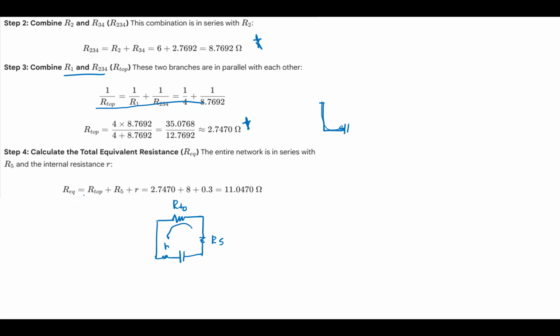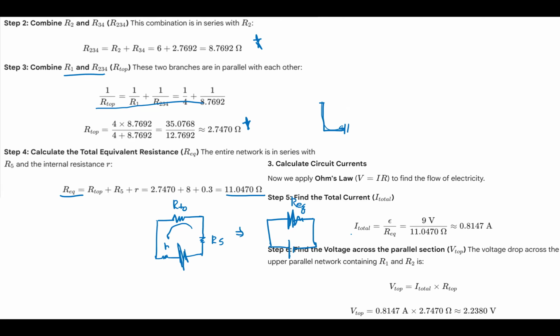So that the R equivalent is going to be, okay. Eventually, we get this one.